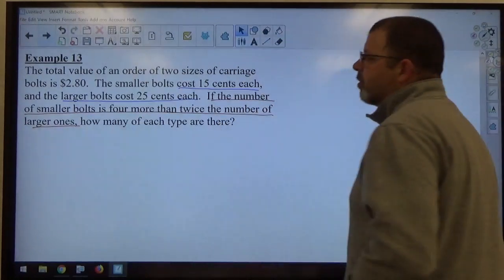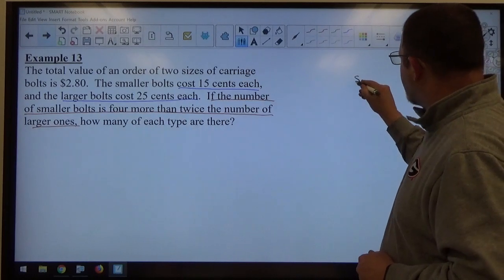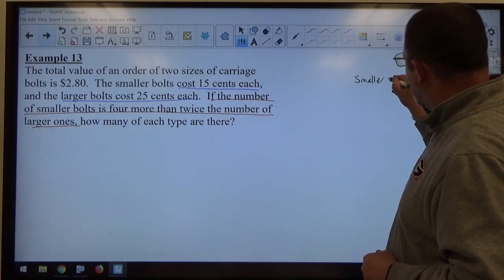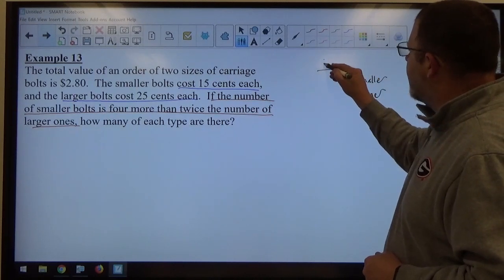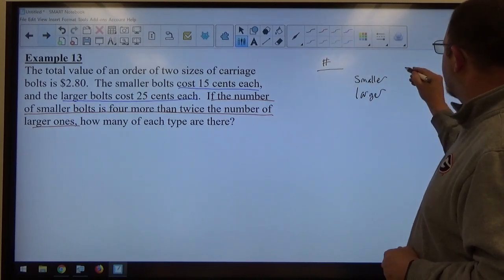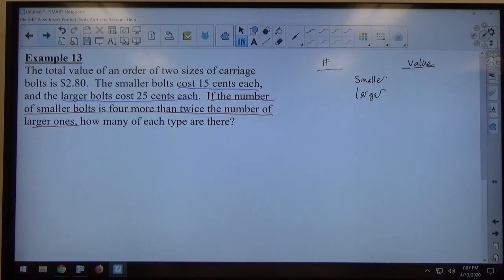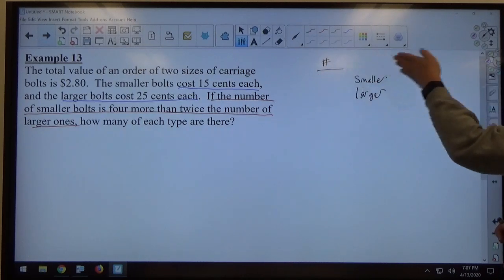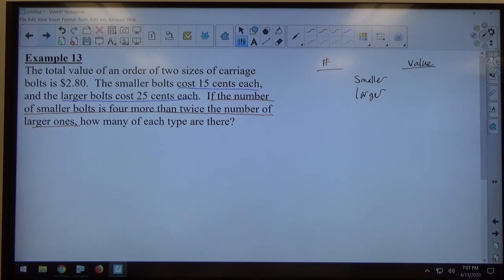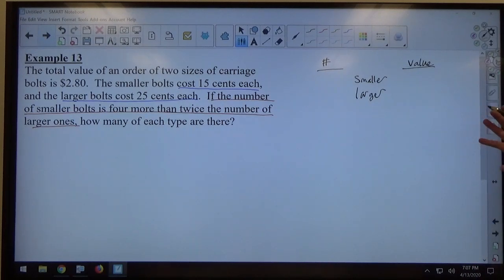The way they're specifying these two types of carriage bolts, we have a larger and a smaller bolt. I'm going to call them smaller bolt and larger bolt. They give us facts about the number of bolts. They also give us facts about the value of the bolts. So it's important we get a relationship between the two.